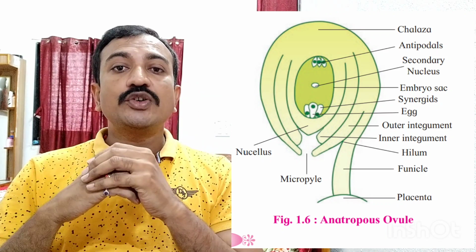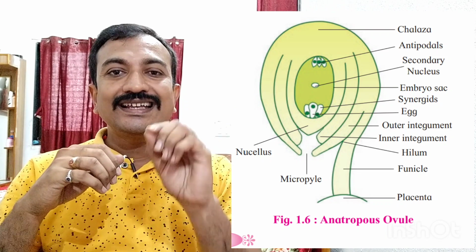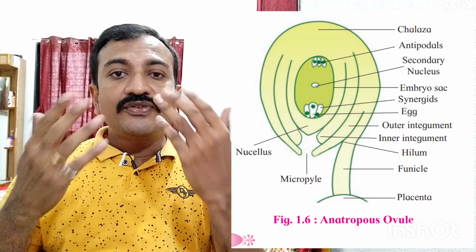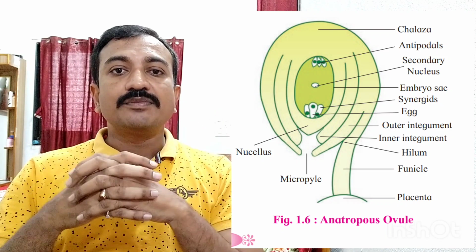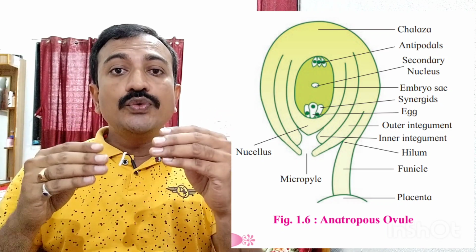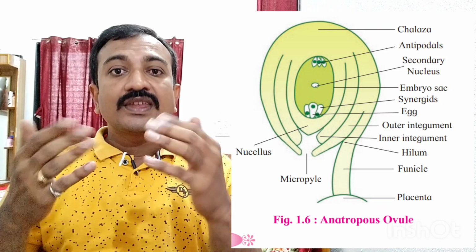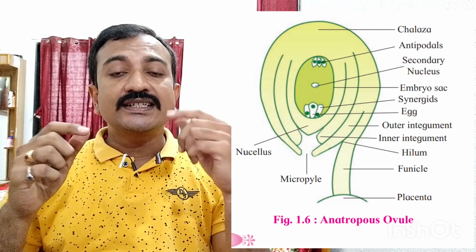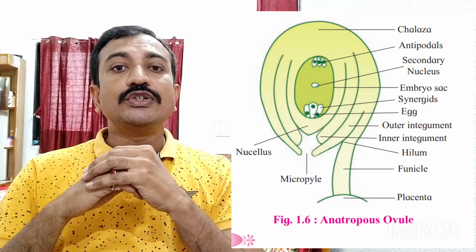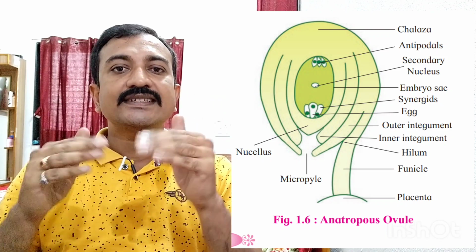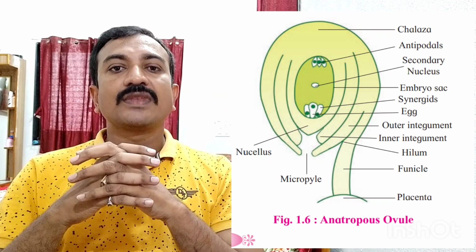There are two types of integument, outer integument and inner integument. Another important thing is that after fertilization, in post fertilization changes, the ovule turns into a seed. At that time the integument, which is hard and protective in nature, turns into the seed coat. So basically the integument is hard in nature and gives protection.